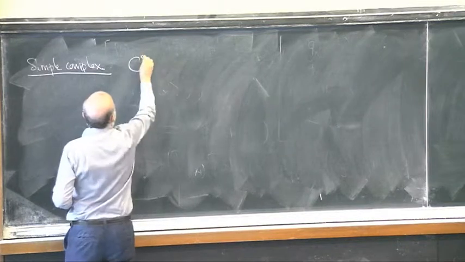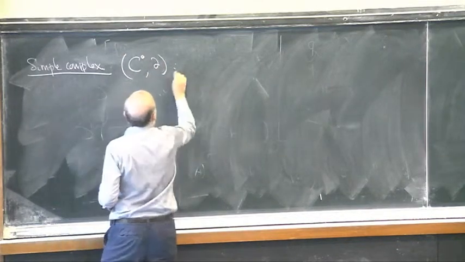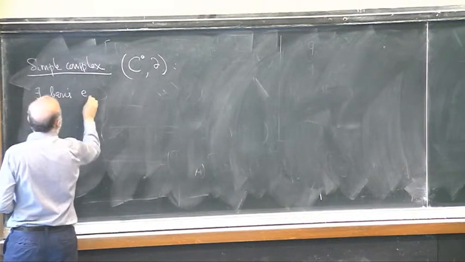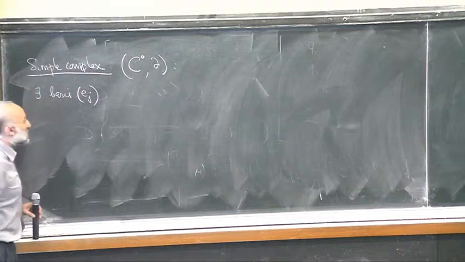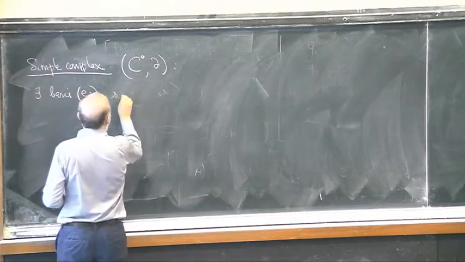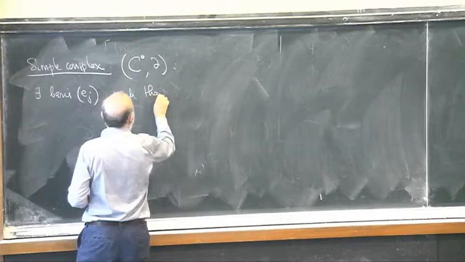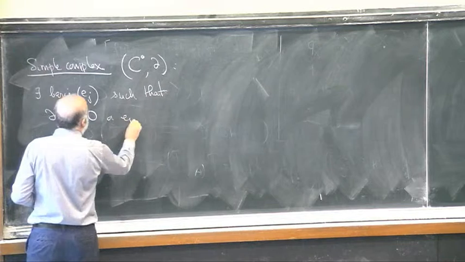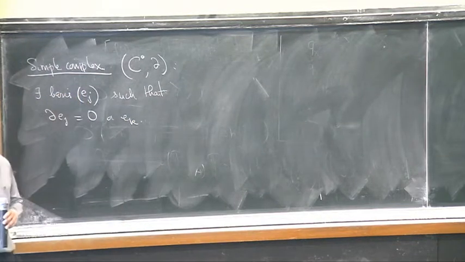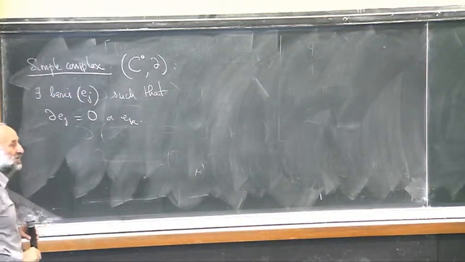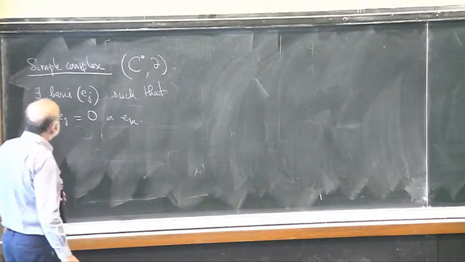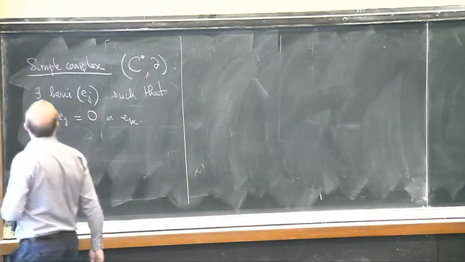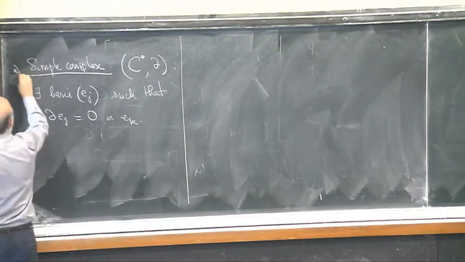So a simple complex C means there exists a basis e_j such that the boundary of e_j is either 0 or some other generator e_k. Of course, you have to choose the right basis. So that's the first idea.